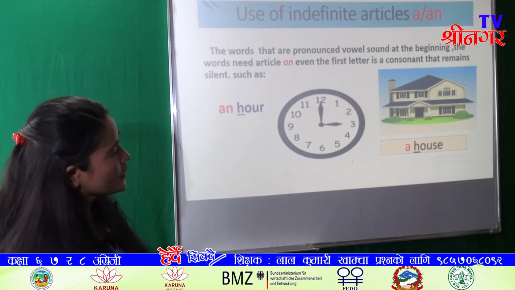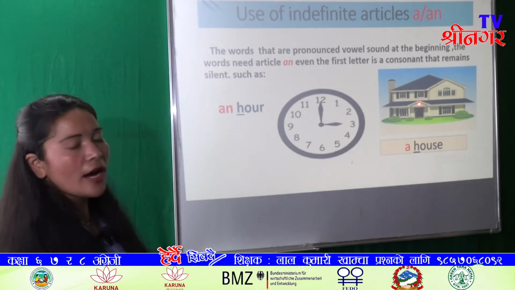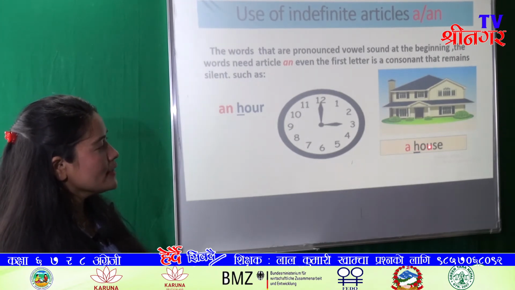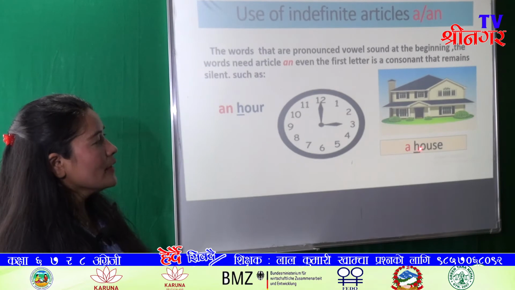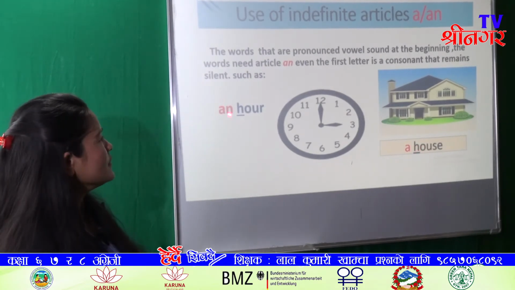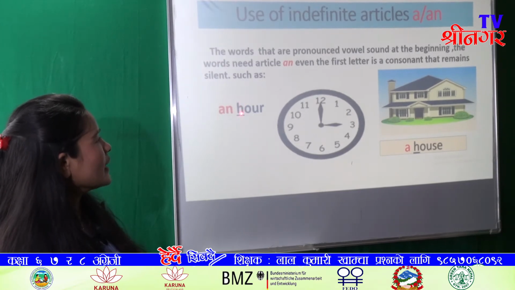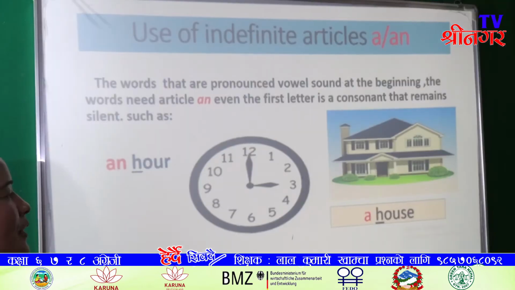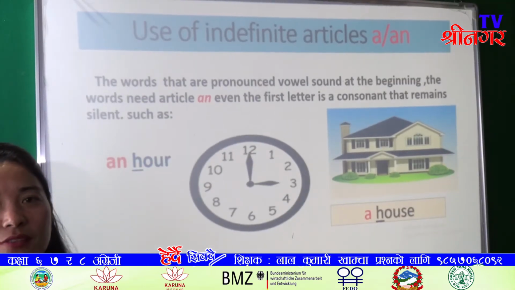But in the next picture, this is house. The first letter in this word is also H, a consonant letter, but in hour we pronounce it silently, while this word we pronounce as house.